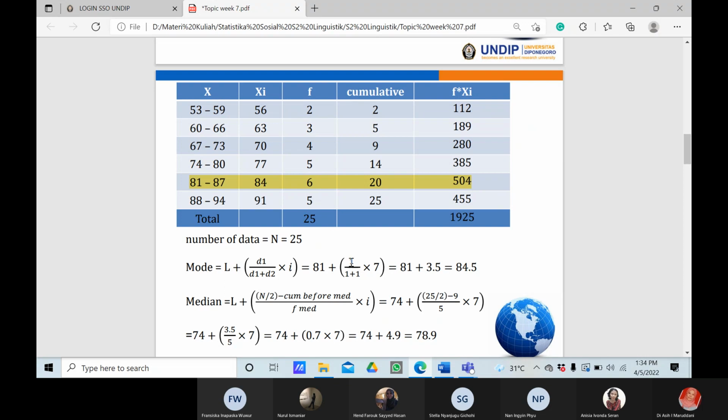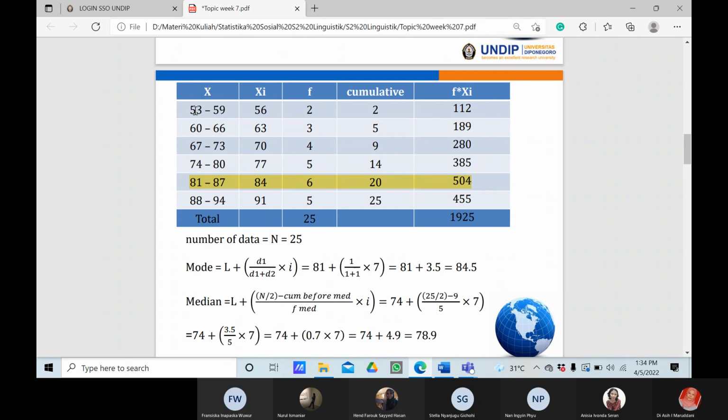Okay. So we write down here 1, because we got this from 6 minus 5, the frequency of the class mode minus the frequency of the following class. Then D2 will be 1, times the interval, the width of the interval.